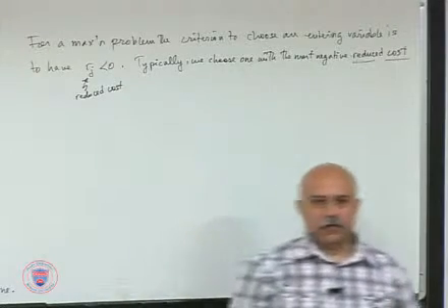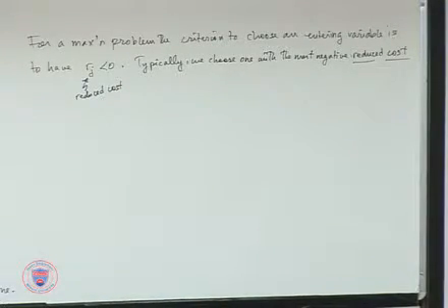So Rj is the reduced cost for the jth variable, and you choose the one with the most negative reduced cost for a maximization problem.